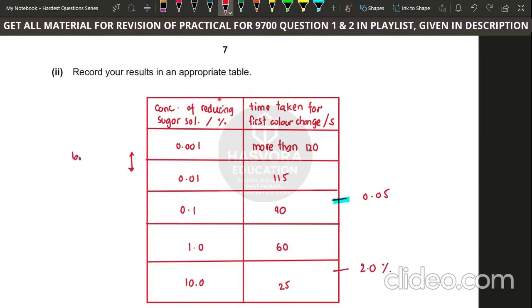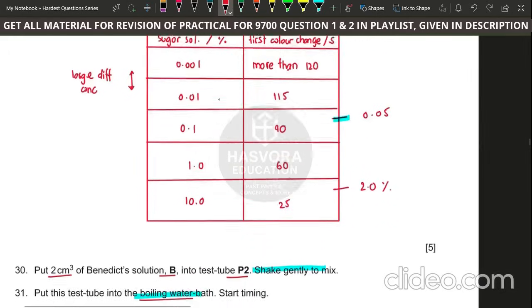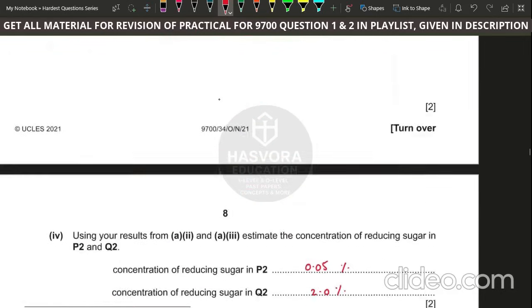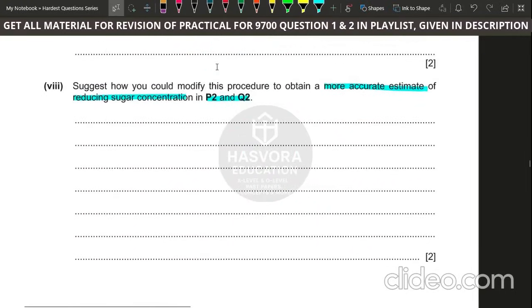So whenever there is a very large difference between the concentrations, the modification you can write is that you can keep a less wide gap between the concentrations by performing a simple dilution. Then you will time each of the solutions and plot a graph, and then intersect the graph at the point where the time of the unknown solution occurs. Okay, so we will just write that.